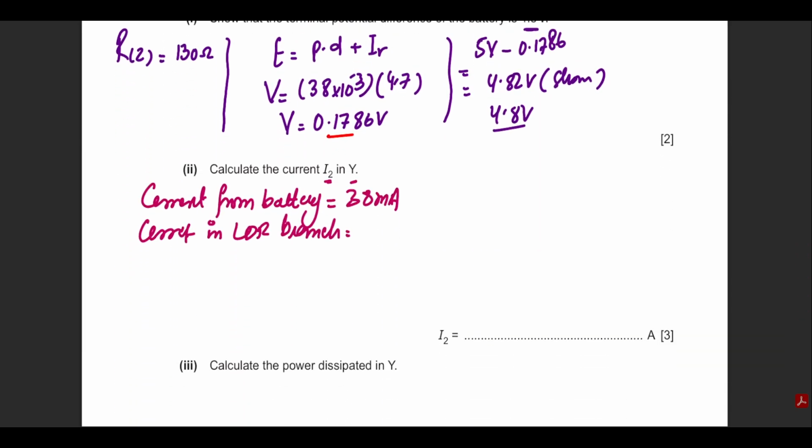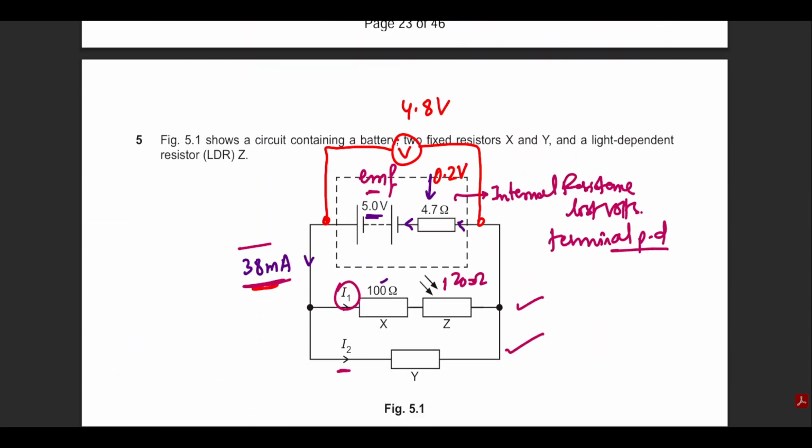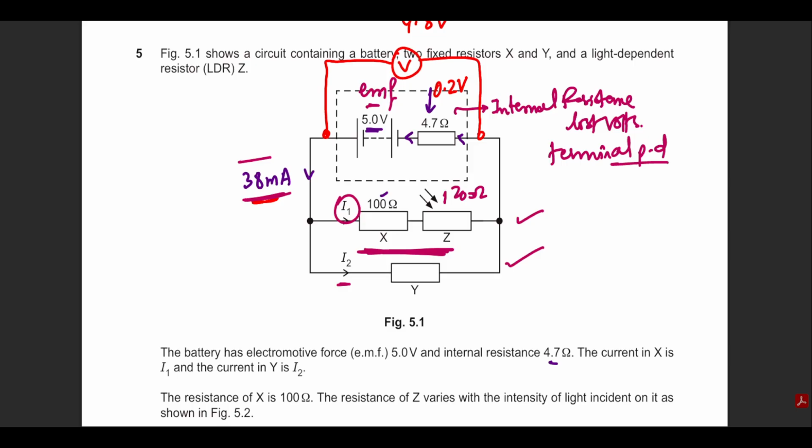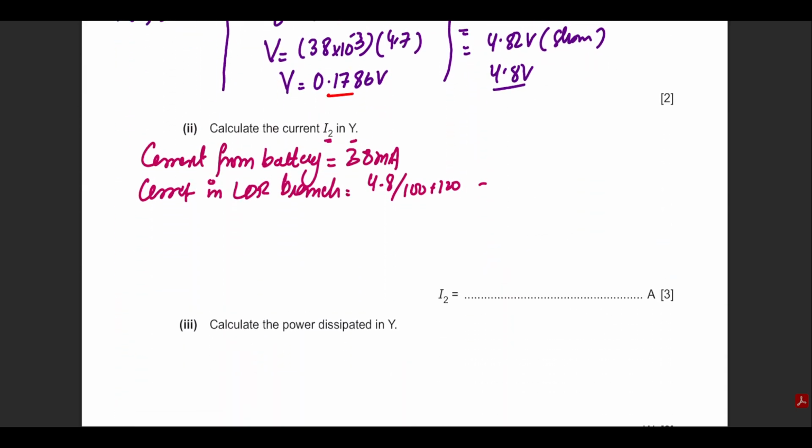That's why don't be worried about why I am using 4.8. So this is 4.8 volts divided by 100 plus 120. Why? Because these two resistors, X and Y, are in series with each other, which is why I have to add them together. So the current through them comes out as 21.8 milliamps.